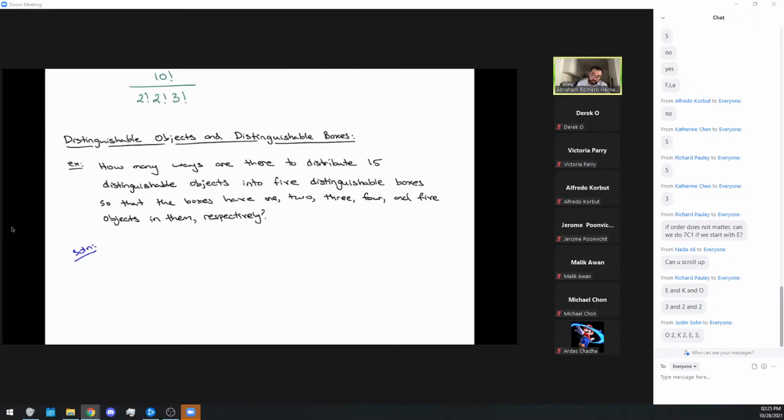So let's go with the first box. There's 15 objects, and at least one of those objects has to belong in that box. So I'm going to say 15, comma 1, and it's going to be choose. So it's going to be a combination. So there's my first box. The second box is going to have 2 items, but one item was already put in one box.